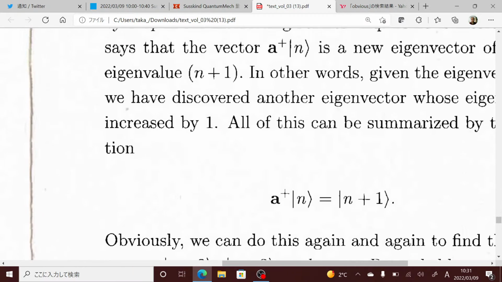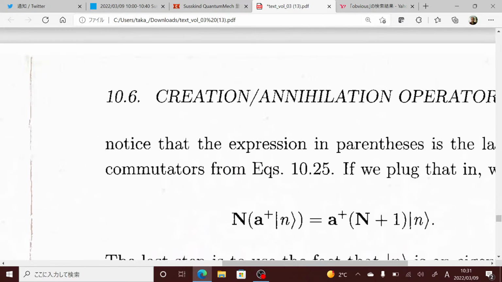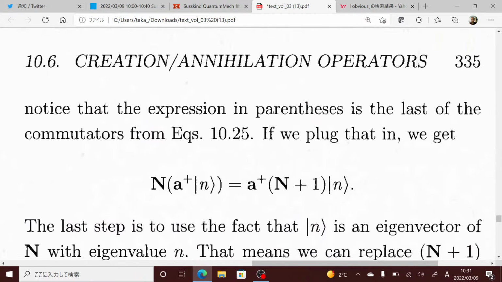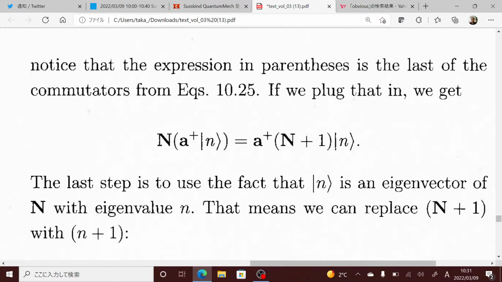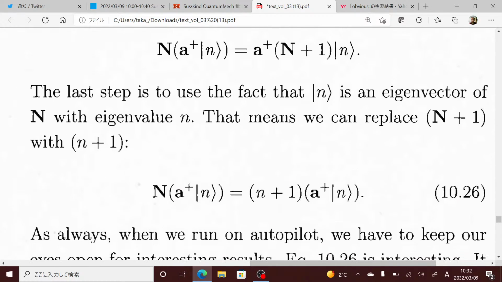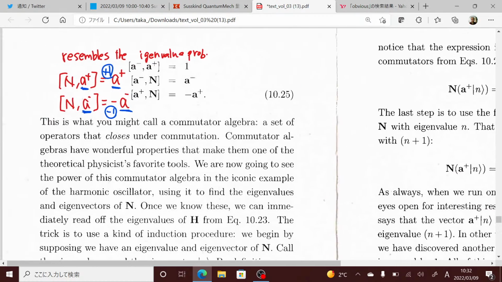But notice that the expression in parentheses is the last of the commutators from equation 1025. If we plug that in, we get, so I think this is 1.